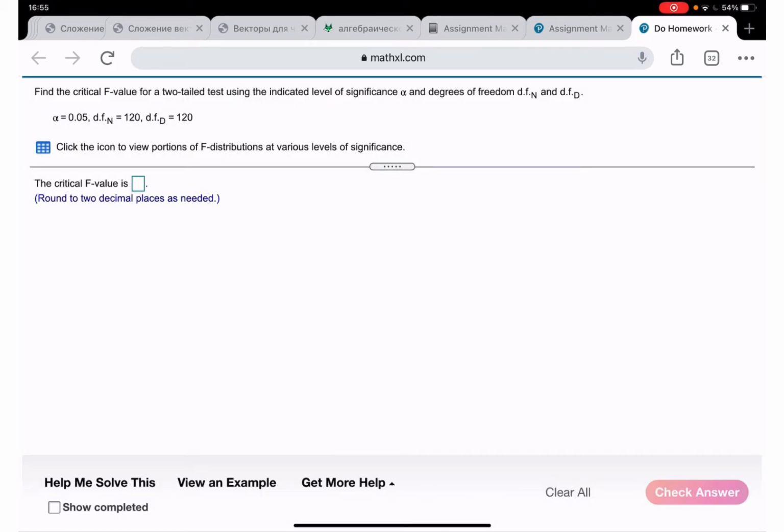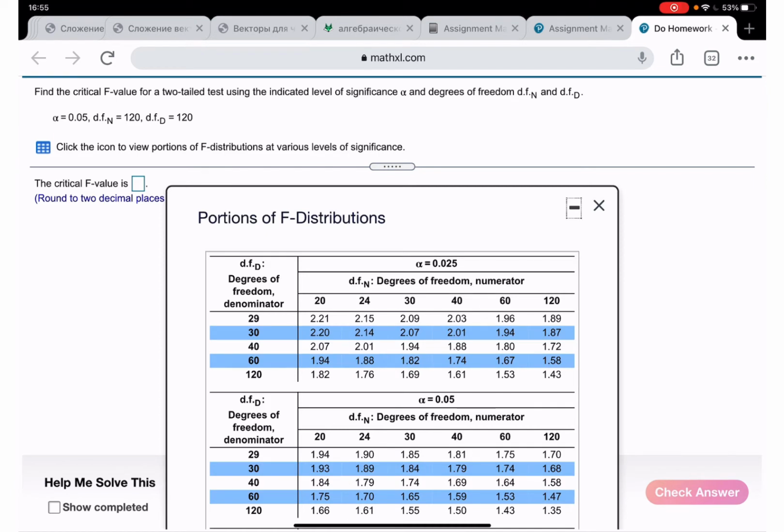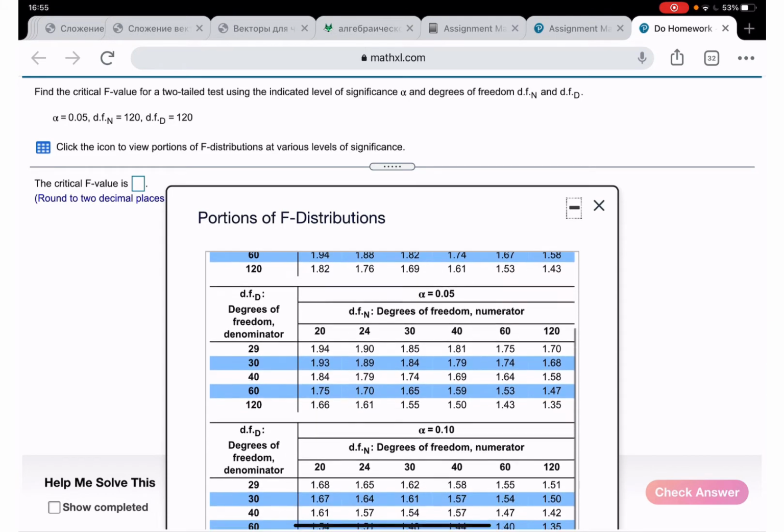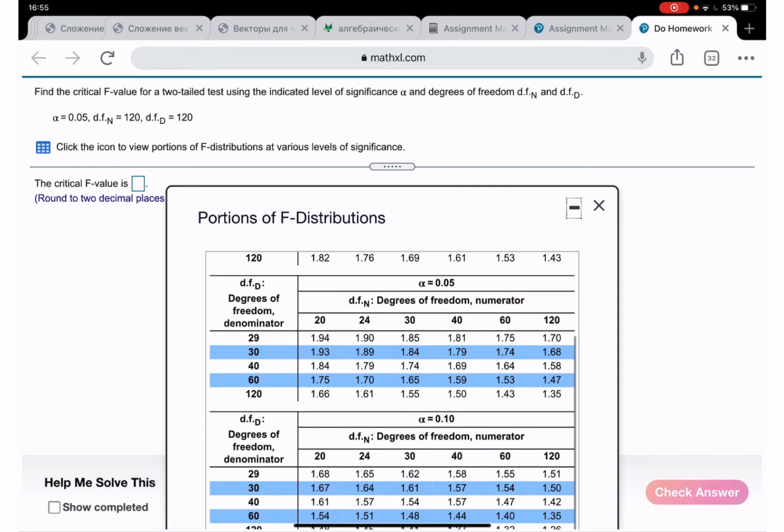Question number 4. We need to find the critical value here, alpha 0.05. Let me show you how we're going to find it. Alpha is 0.05, and we are using horizontally the degrees of freedom 120, the last one, and the degrees of freedom of the denominator 120.